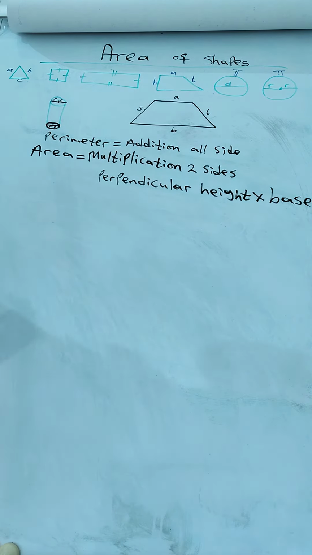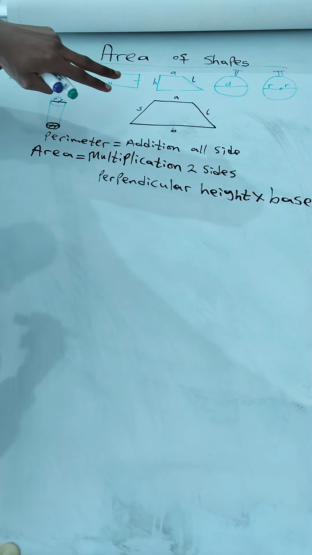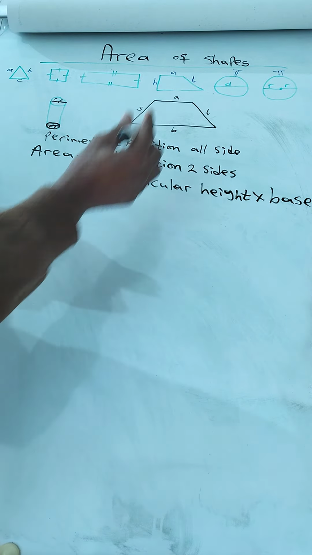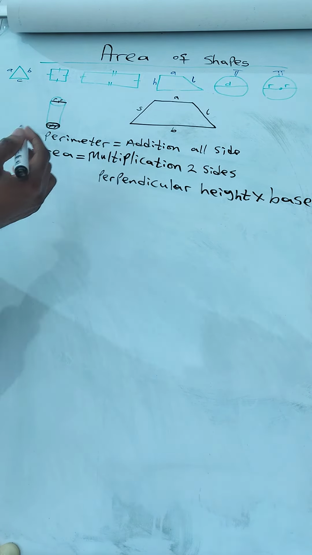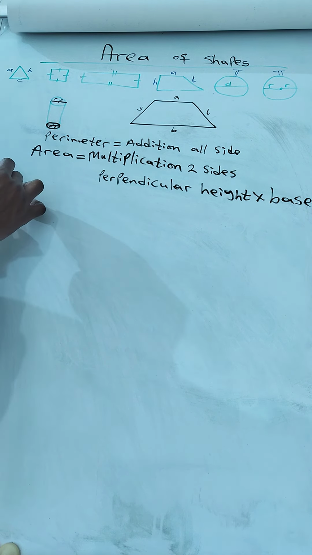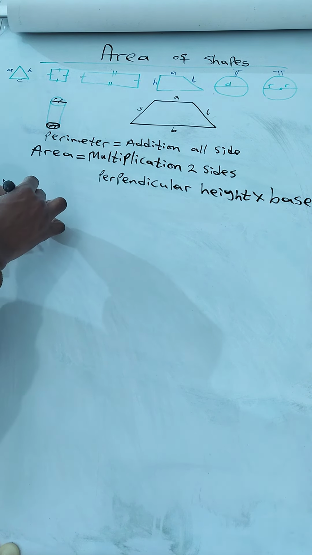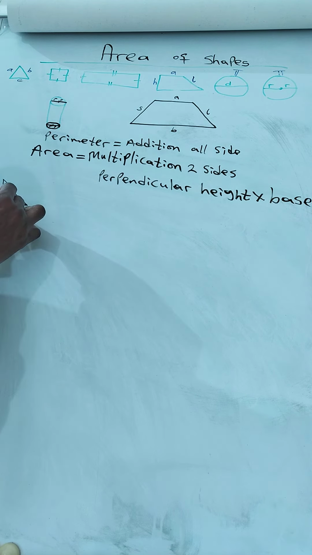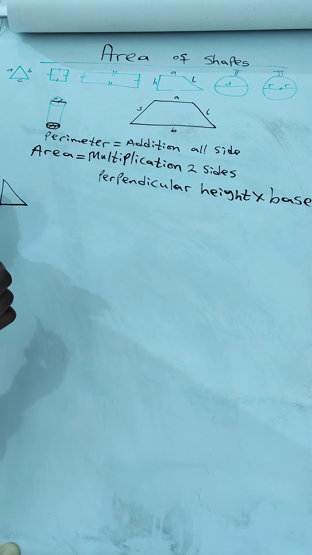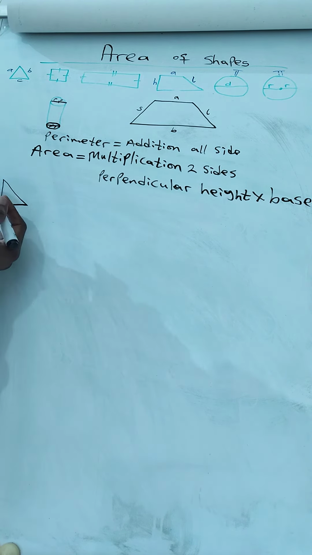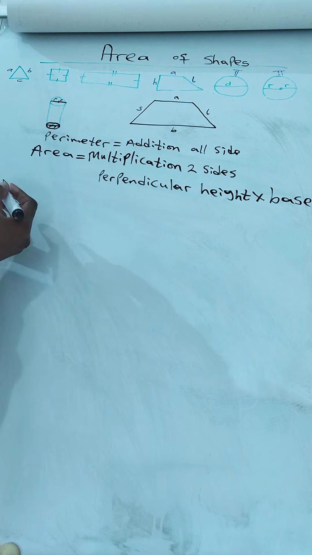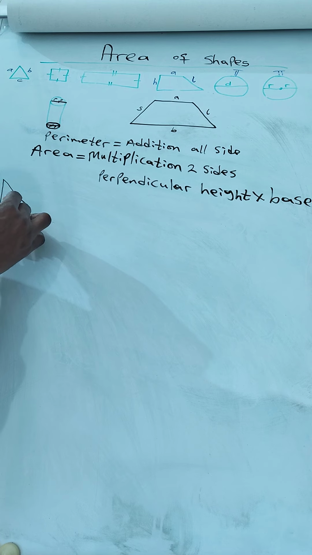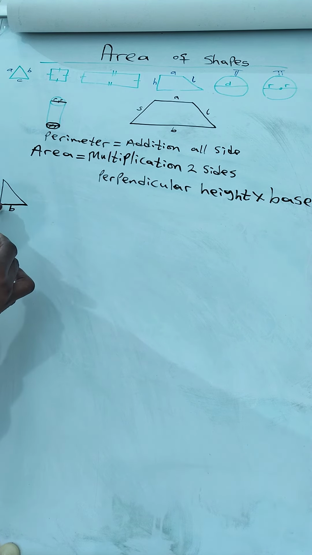Now, let's take for example, let's start with the triangle. In a triangle, we have what we call the right angle triangle. This is a right angle triangle. In this right angle triangle, this is the height and this is the base.